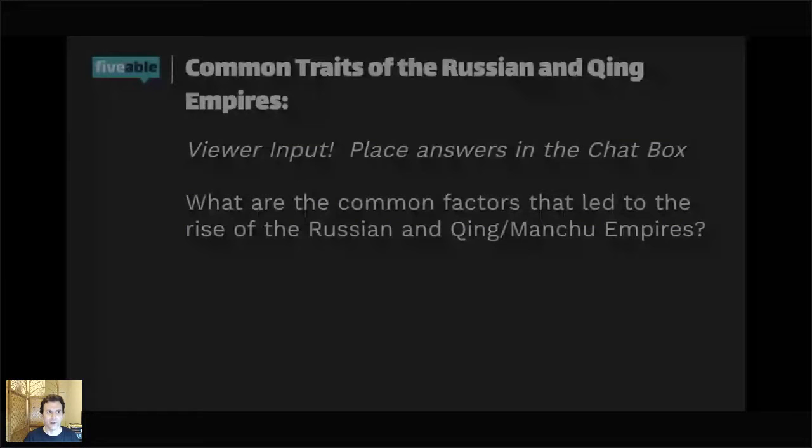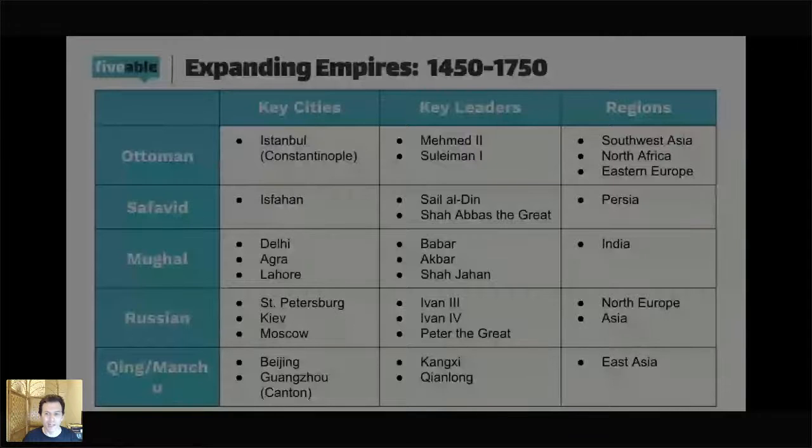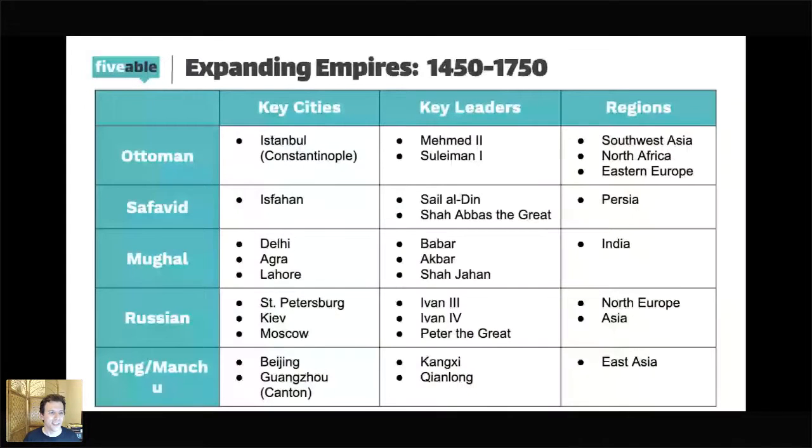Let's sum it all up. Expanding empires. So we're going to see the Ottoman, Safavid, and Mughal empires, the Gunpowder empires. The three gunpowder ones. For Ottoman, key city, Istanbul or Constantinople. Key leaders, Mehmed II, Suleiman I. Regions, Southwest Asia, North Africa, Eastern Europe.